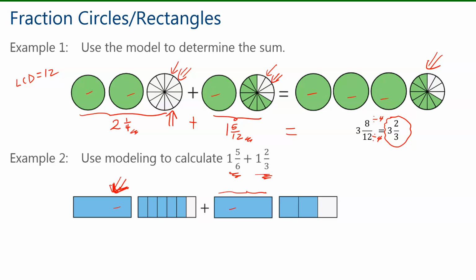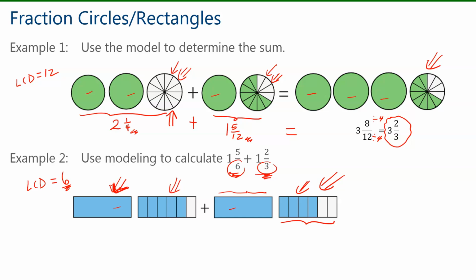We need to combine together the two partially shaded rectangles again. So let's resort back to our LCD, and I see that my LCD for 6 and 3 is indeed 6. The 2/3 rectangle, I'm going to split that into 6.